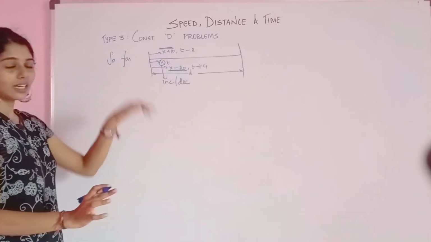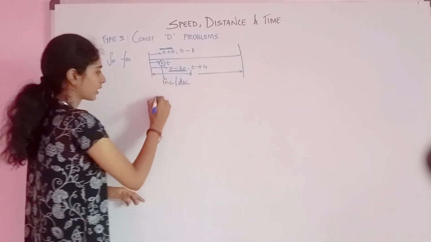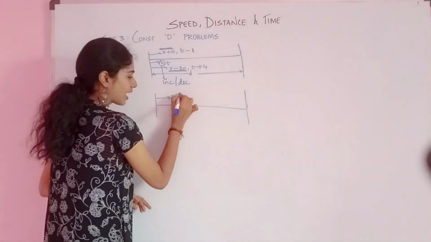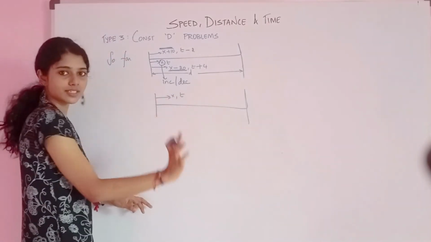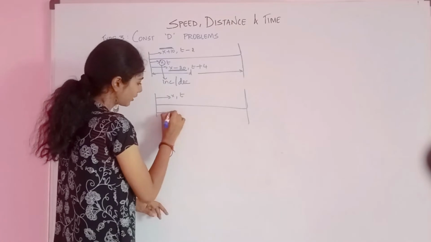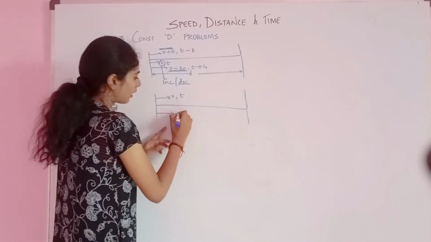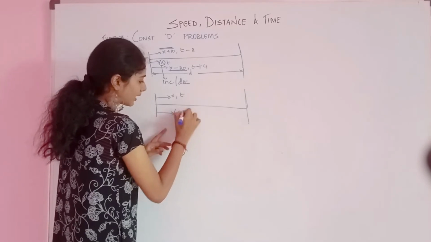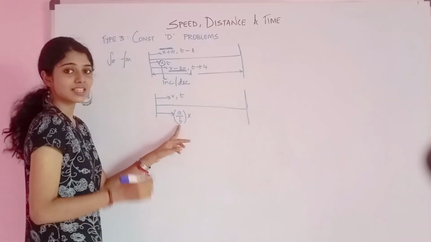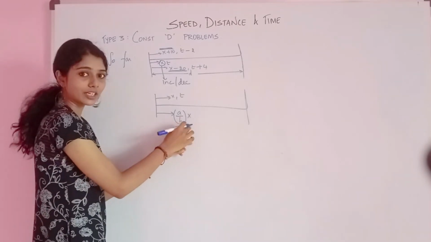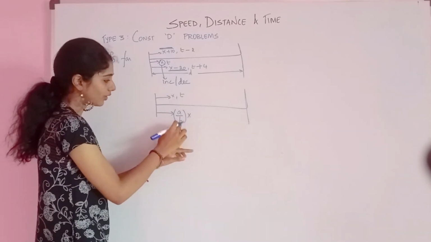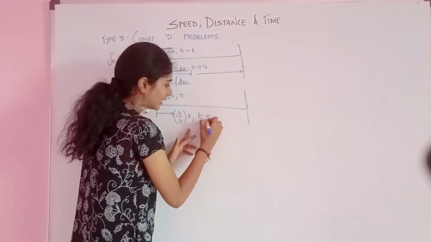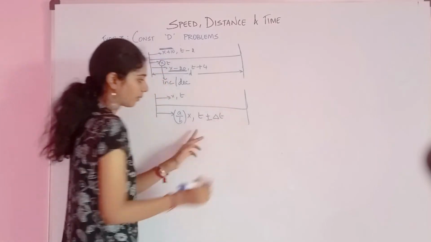But there can be another kind of question that could possibly come. If his original speed was x and he took time t to cover the distance d, and he moved with the speed of a by b times his original speed, this is a multiplicative of that speed, then his time had incremented or decremented by some amount.